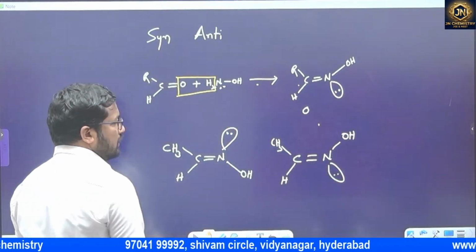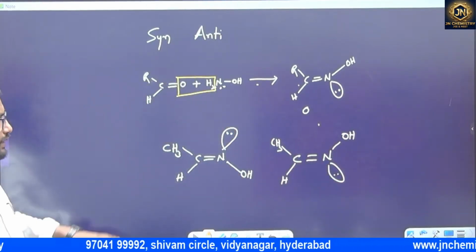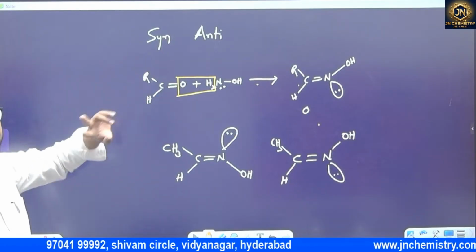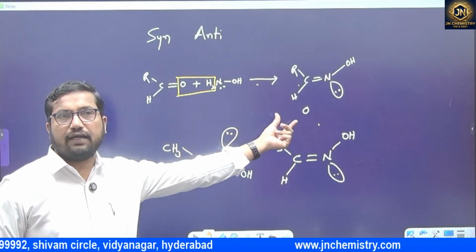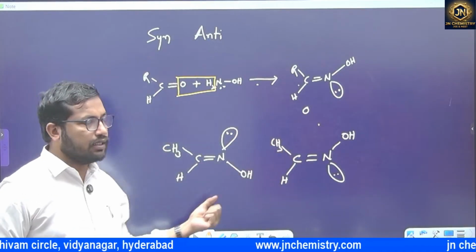We have aldehydes and ketones. In case of aldehydes, the oximes are called aldoximes, right?